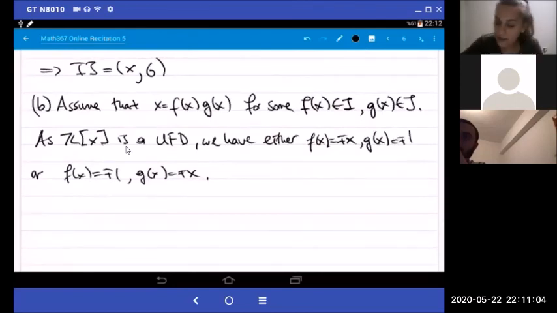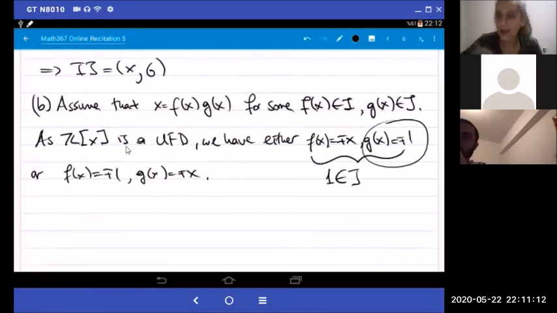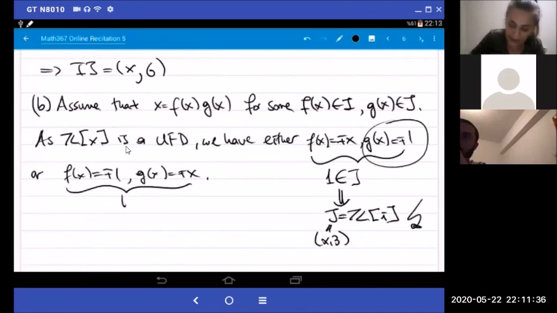But here, if this is the case, this means that 1 lies in the ideal J, and if an ideal contains a unit or the multiplicative identity, this means that that ideal has to be the whole ring. But J is just the ideal generated by x and 3, so this means that this cannot be the whole ring, right? This is the contradiction. And in the other case, this means that 1 is in the ideal I, which is the ideal generated by x and 2.